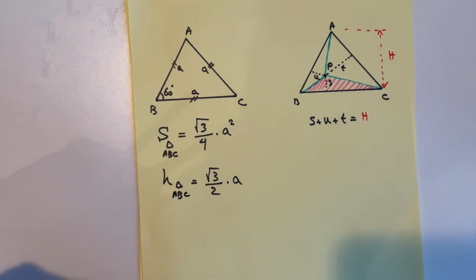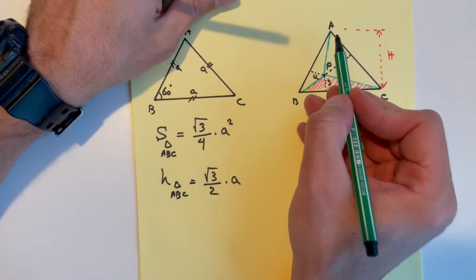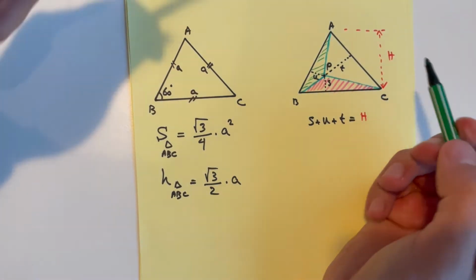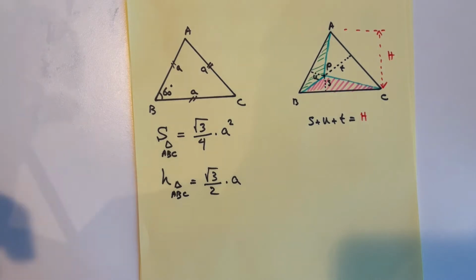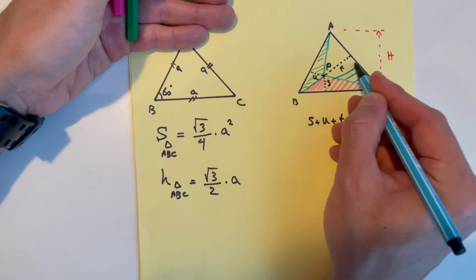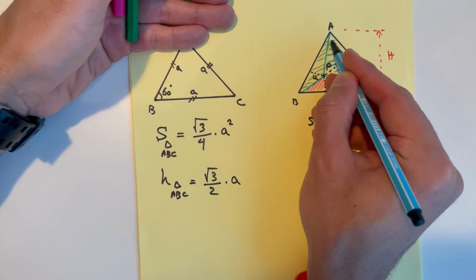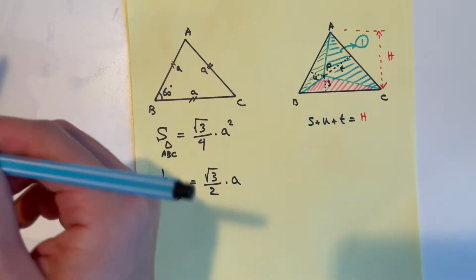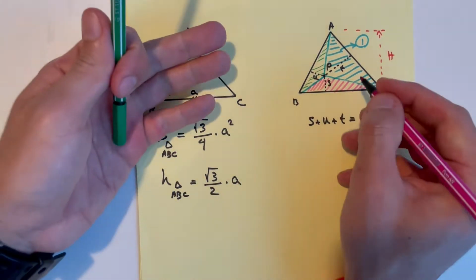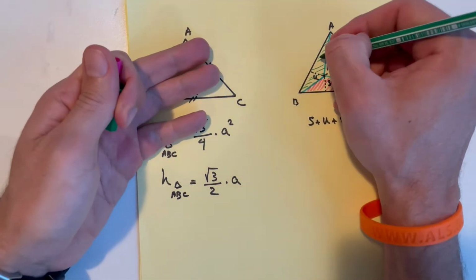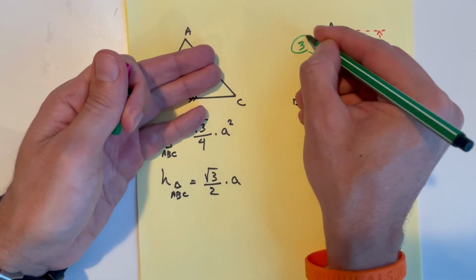This is one of the triangles, the other one is this here, and the last one is this here. Let me call them triangle 1, triangle 2, and triangle 3.